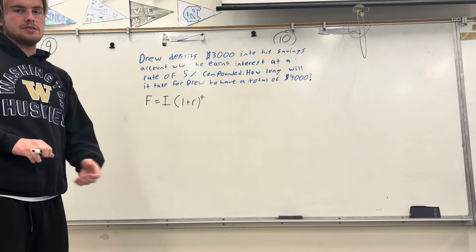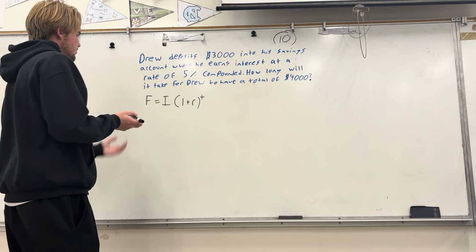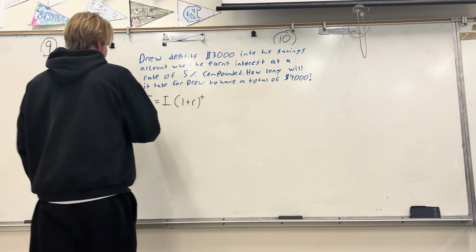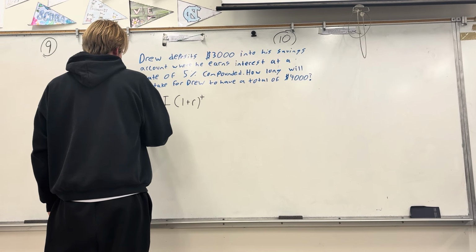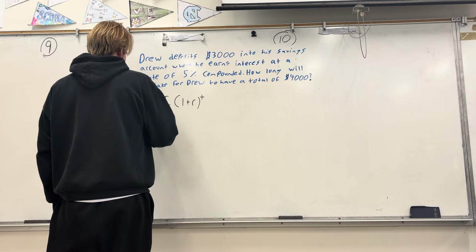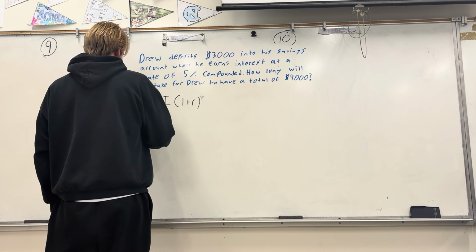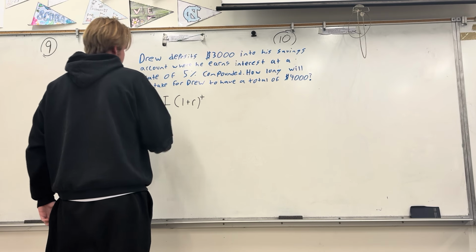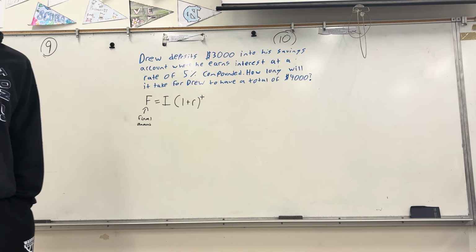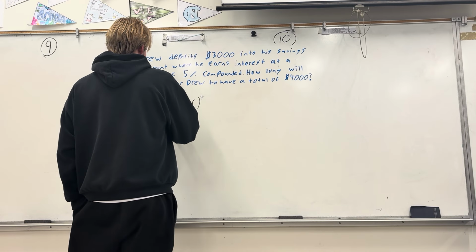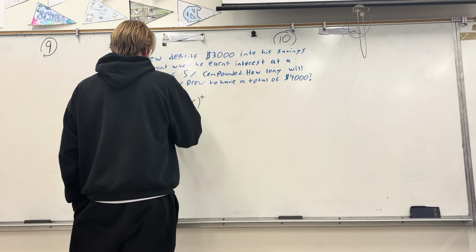So after those 5 years are up, how much are you getting? I call it F so I can remember that this is talking about the final amount. And then I is the initial amount.